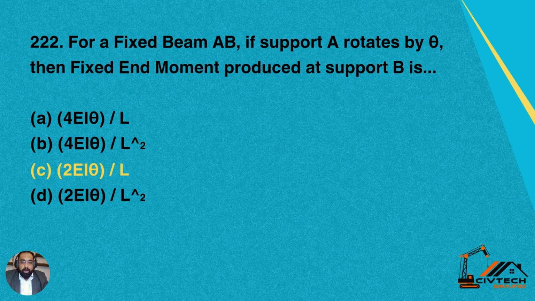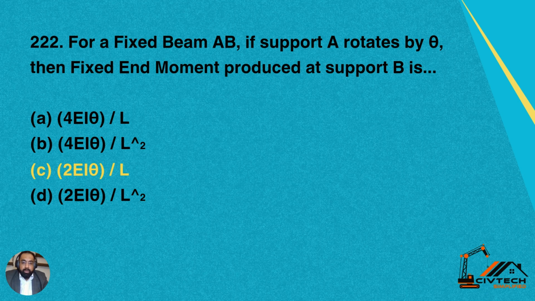222. For a fixed beam AB, if support A rotates by phi, then fixed end moment produced at support B is: it's a fixed beam which is AB.